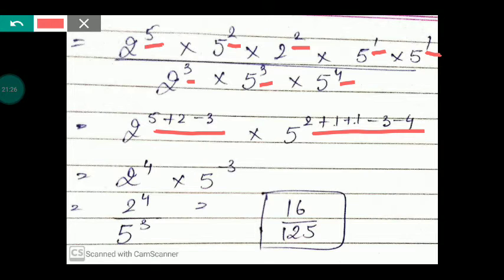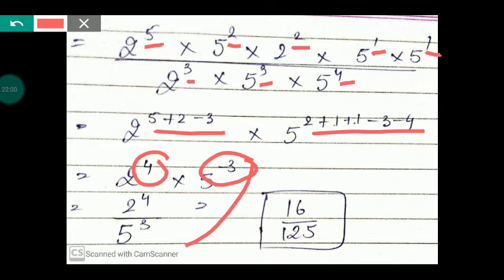So you get this. The powers of the base in the denominator are subtracted according to the laws of exponents. Write the laws of exponents beside you so that all the sums become clear. 5 plus 2, 7 minus 3, that you get 4. 2 plus 1 plus 1, 4 minus 3, 1. 1 minus 4, that is minus 3.